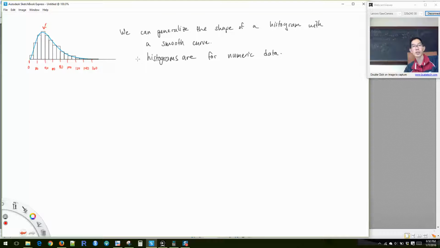What seem to be common values of whatever it is that we're measuring here?